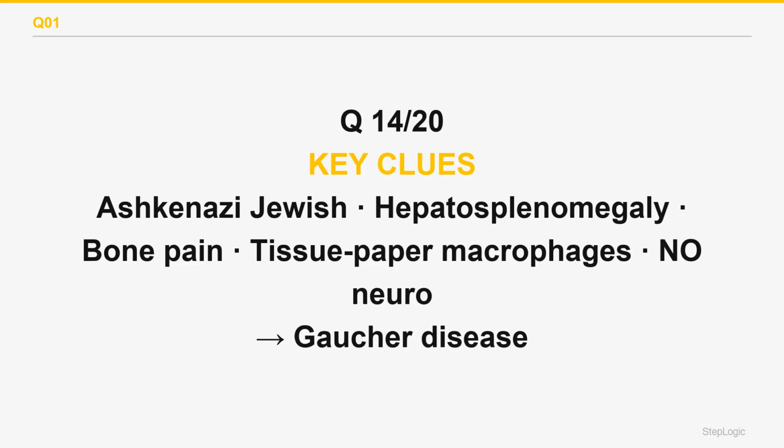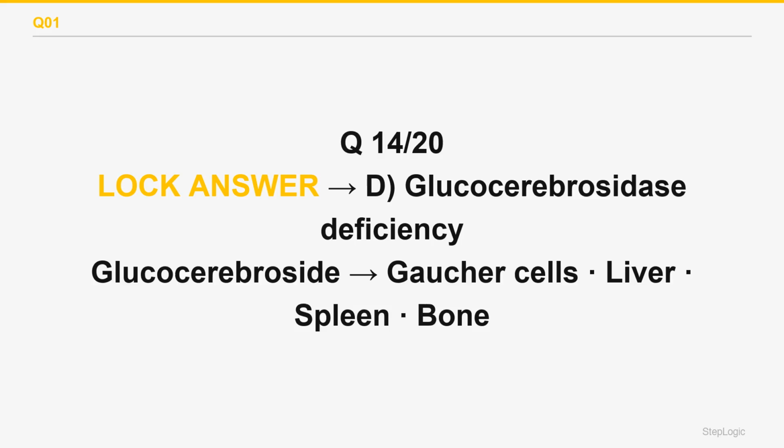The Gaucher cell is pathognomonic, a large macrophage with wrinkled, crumpled silk or tissue paper cytoplasm. Type 1 Gaucher, no neurologic involvement, is the most common lysosomal storage disease and the most common in Ashkenazi Jewish patients. Bone pain results from marrow infiltration and avascular necrosis. Treatment: enzyme replacement with imiglucerase.